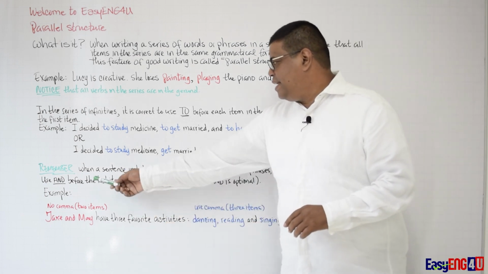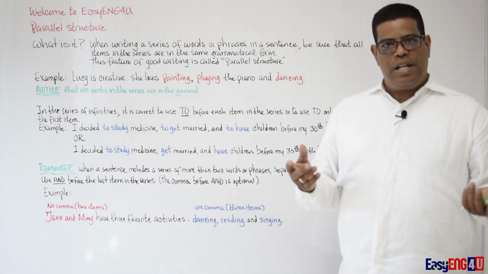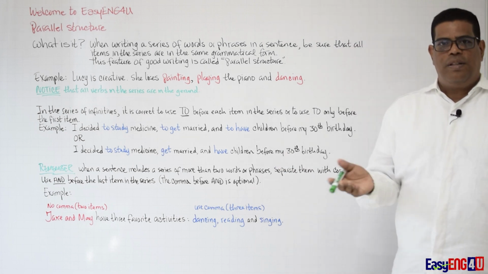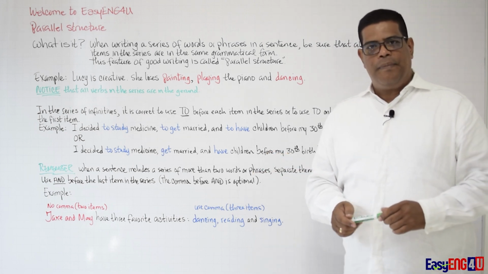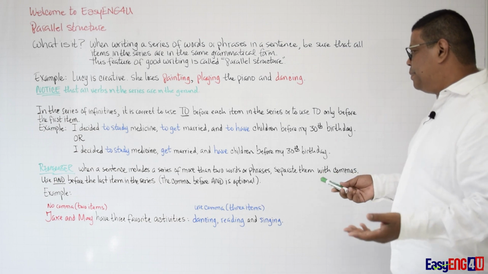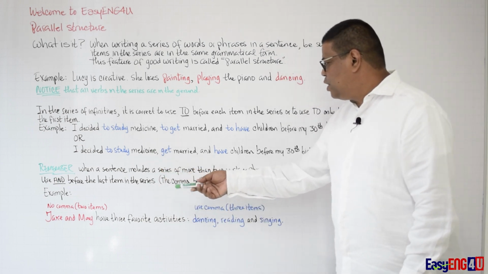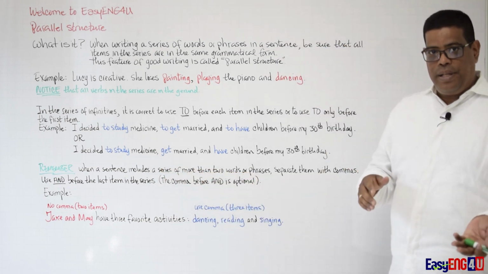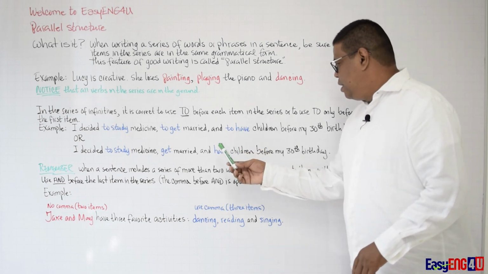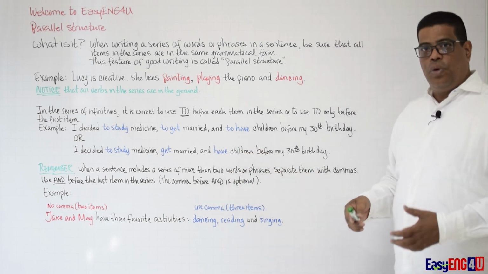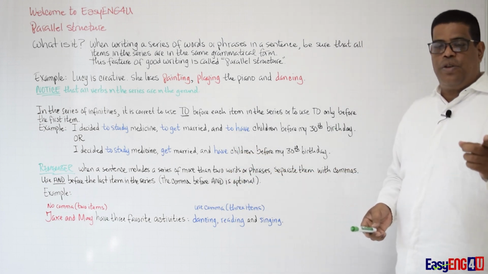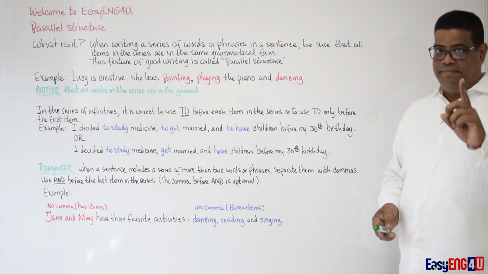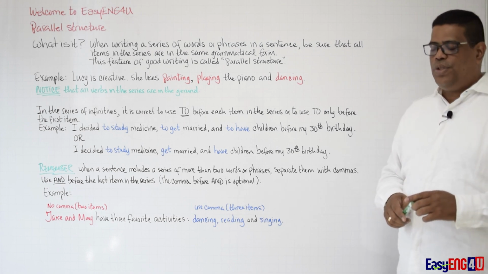Okay, now there is a remember here just to finish our video. It was really short, this video. Remember, when a sentence includes a series of more than 2 words or phrases, guess what you're going to use? If you thought about a comma, you're right.